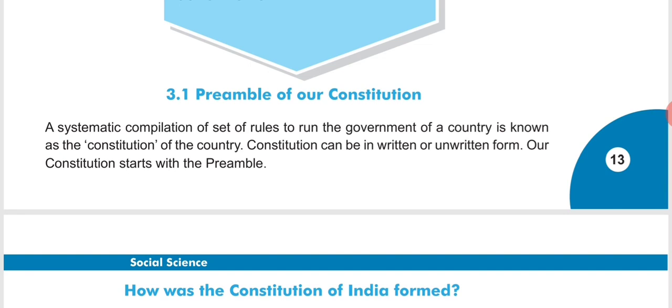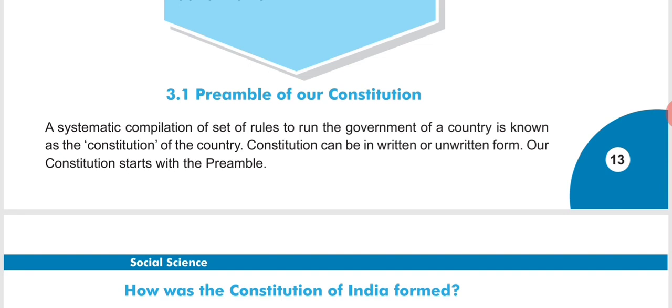Fine. So we can say that the constitution is a document which finally views the ethos and ideals of a country. Ethos means the spirit of a culture of a community and its attitude, right?